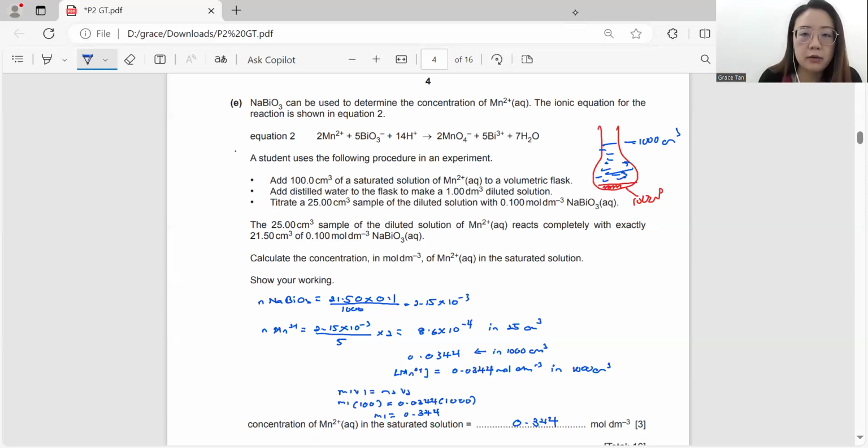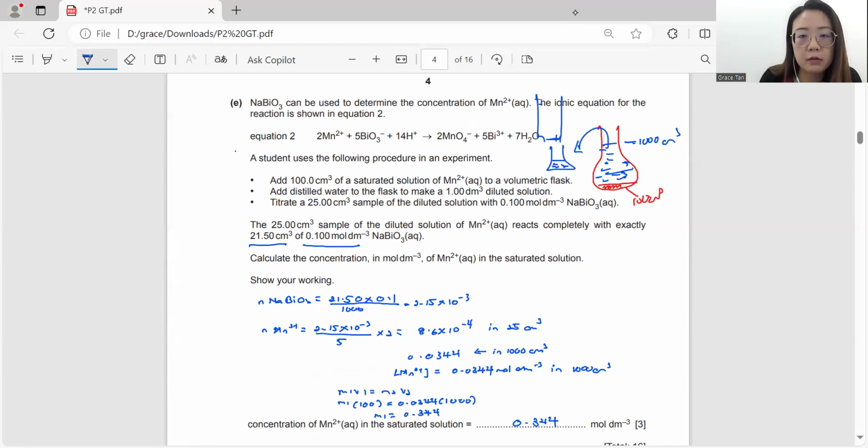So you're doing a dilution over here. And you titrate 25. So you take out 25 here, all right, from the 1,000, and you do a titration. You just take 25 out, all right? And this 25 sample, okay, will be reacting with the NaBiO3, and they said 21.5 of 0.1 of NaBiO3 on top here.